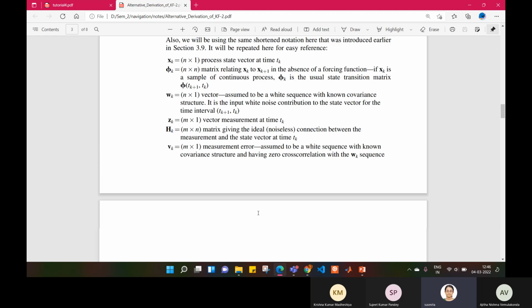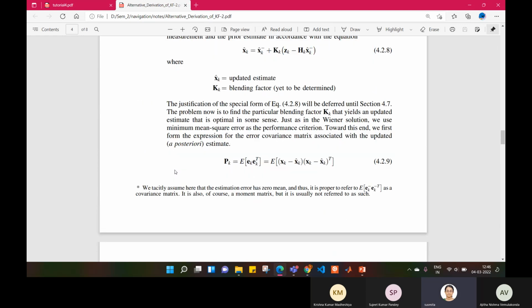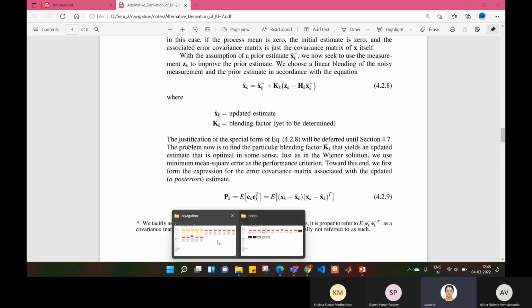I was going through the class notes also, but I think I have to read them again. I'm not so confident with this. You have to start with some initial guess, correct? Do you have the class notes with you here? Can you quickly open the class notes? Yeah, okay.